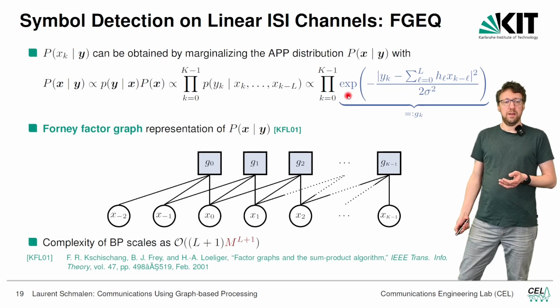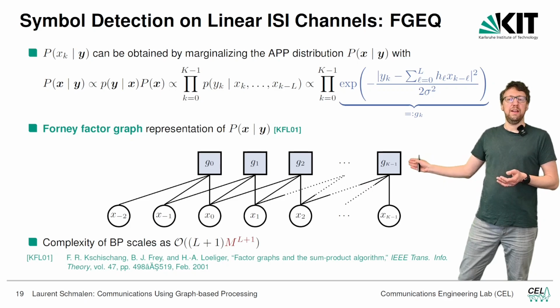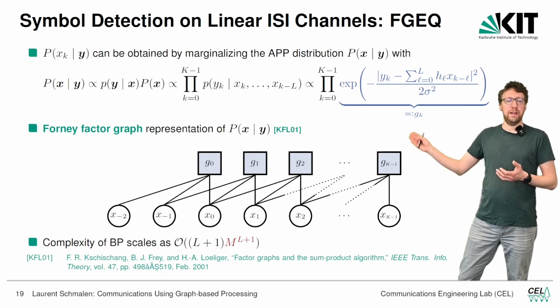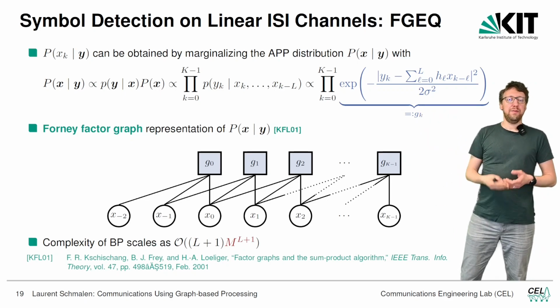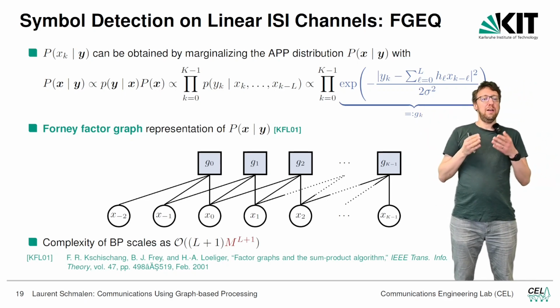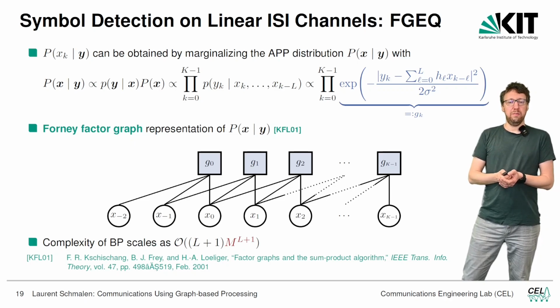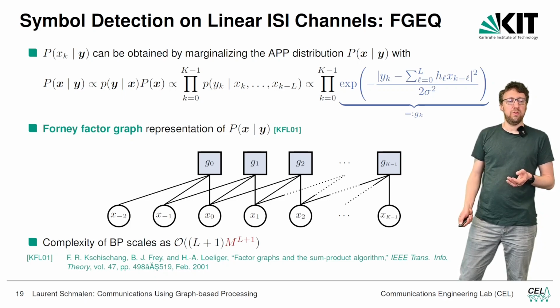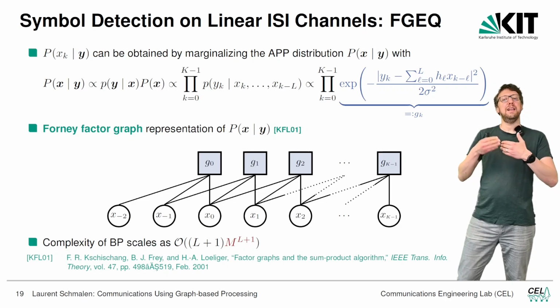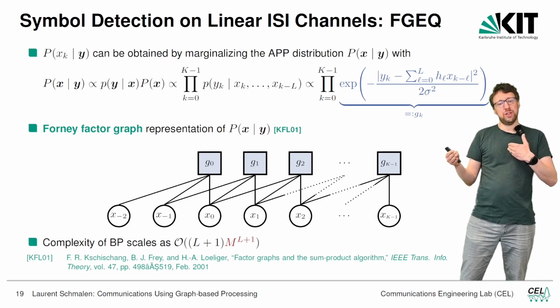The circles are the symbols that we like to transmit, and the squares are the function nodes, which represent this function. These function nodes depend on L plus 1 different variables. Here L is equal to 2, so each depends on 3 different variables, and L is the length of the impulse response of our channel.